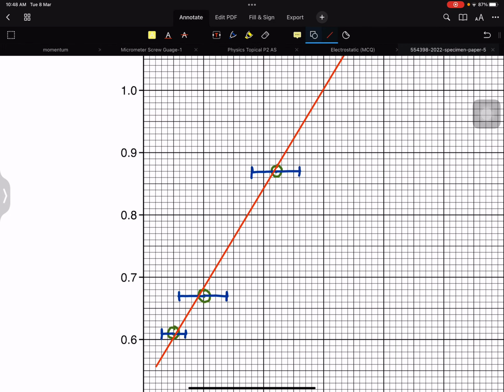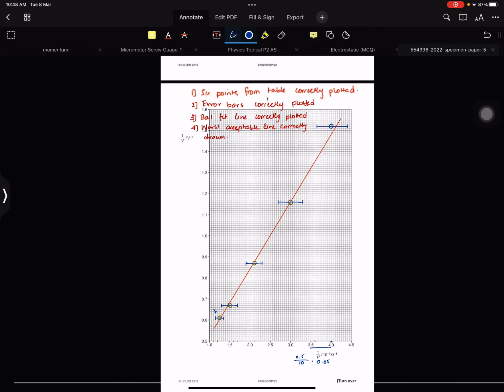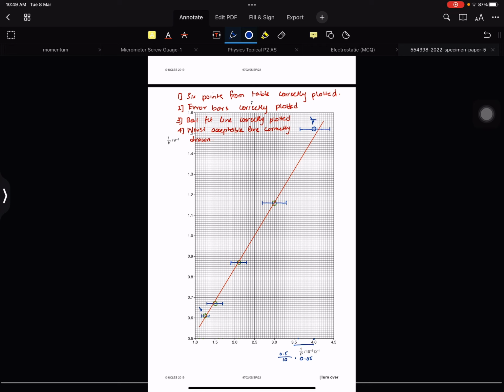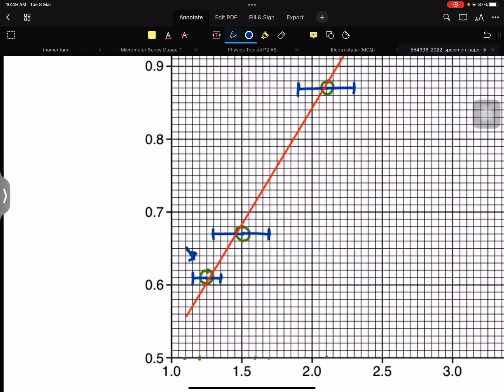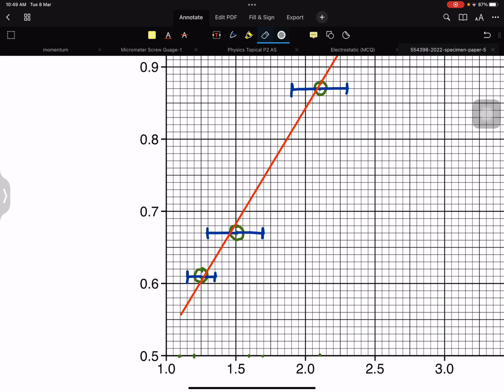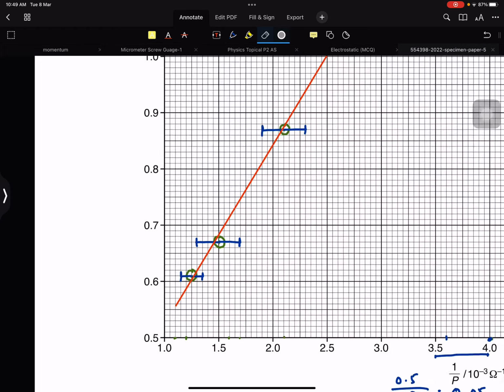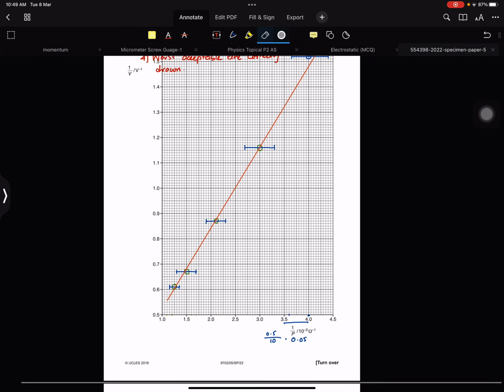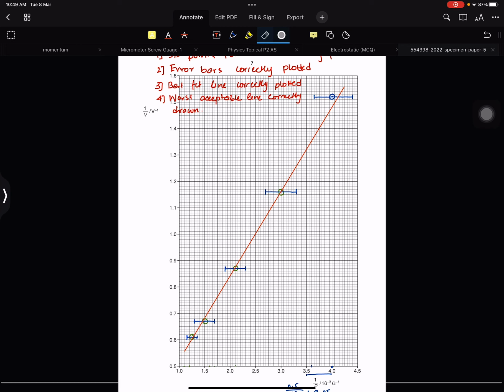This point right here and this point are almost at the bottom of the line, whereas this is very close and that point is above. So it's almost a best fit line. For the best fit, it is not necessary that the line goes through each point. The important fact is that it should equally divide the points on both sides.